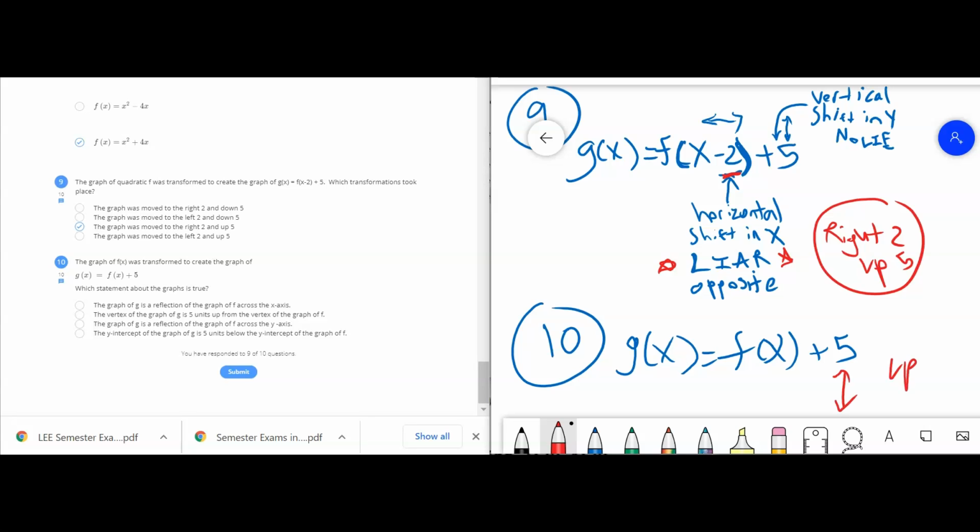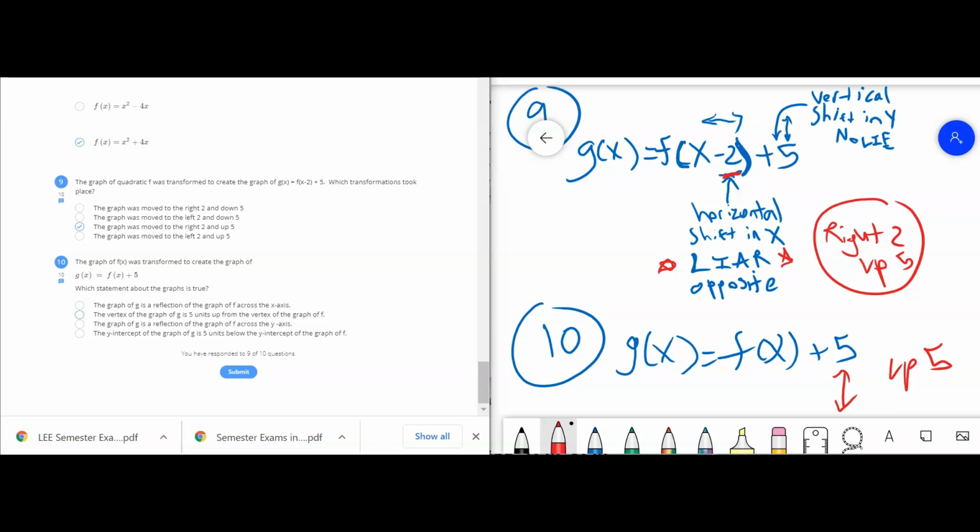That means up 5. That's it. So the graph of G is a reflection? No. Second one, the vertex of the graph of g of x is 5 units up from the vertex of f. Yeah, 5 units up. That's good right there. Let's keep reading. The graph of G is a reflection? No. Last one, the y-intercept of the graph is 5 units below the y-intercept? Not below. It goes 5 units up.